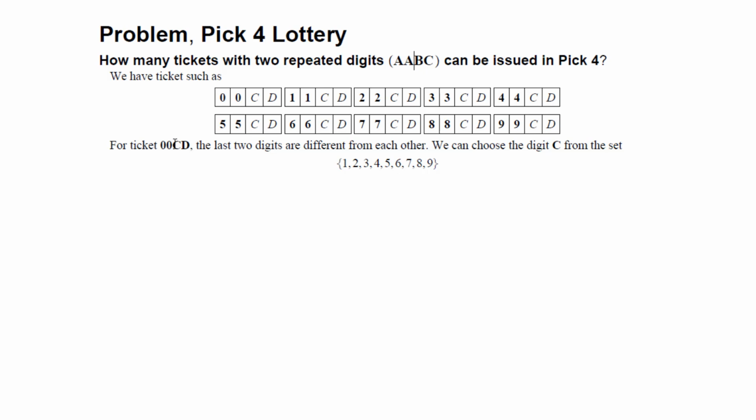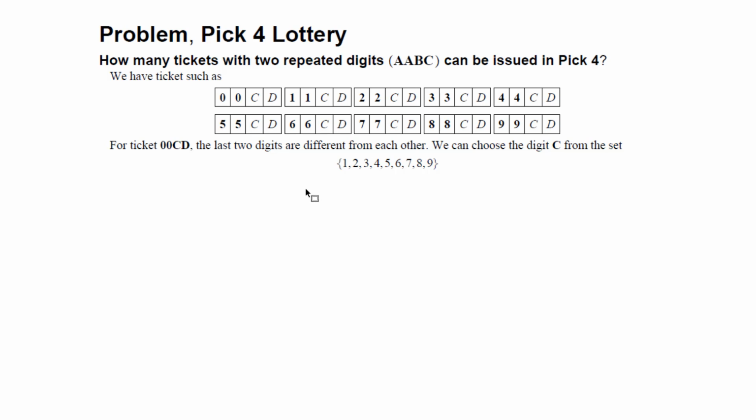So C can be chosen in only 9 ways. How about D? Let's assume that we chose C to be 1. D cannot be 0, otherwise we'll have 0, 0, 0, and it cannot be 1, because otherwise we would have 0, 0, 1, 1, which is not the form AABC but the form AABB.